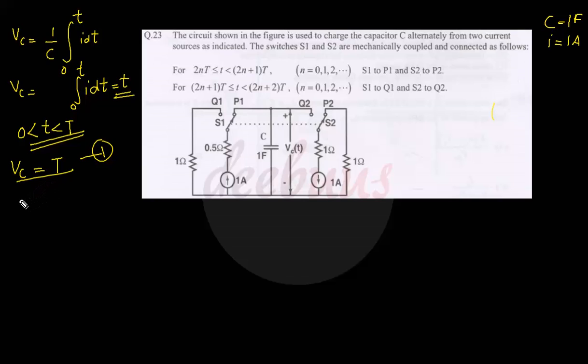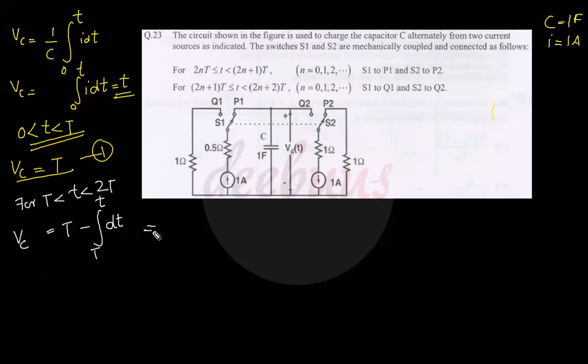That is for T less than t less than 2T. That means the capacitor is actually discharging from T volts. As the current source is in the opposite direction, it must be discharging. That means Vc equals T minus the integral from T to t of dt.